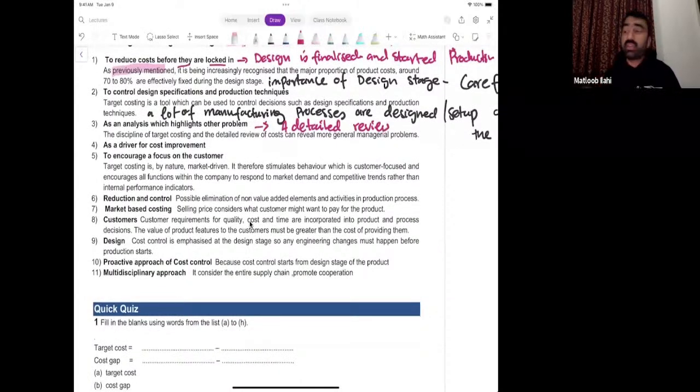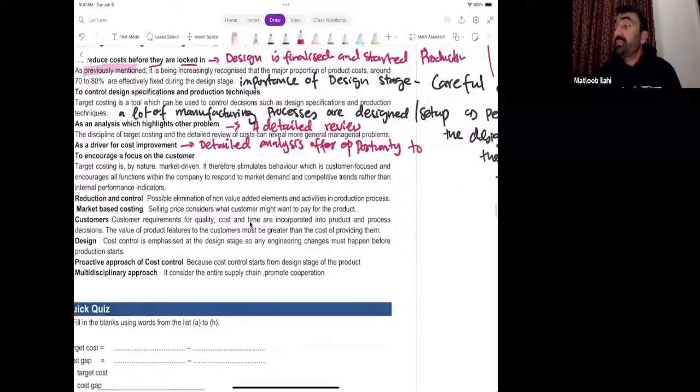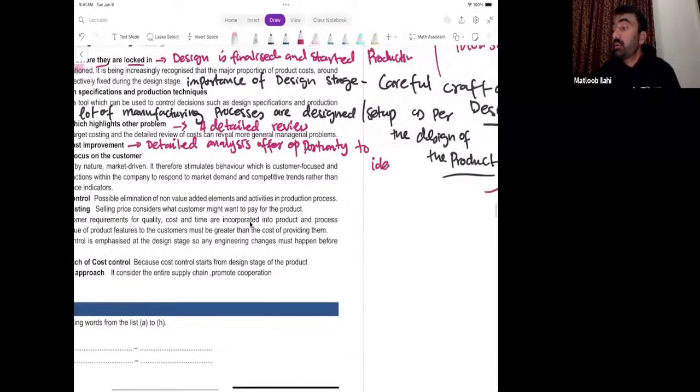So yes, of course, when we are seeing something in detailed analysis, it offers the opportunity to identify any cost wastage or wastage of resources.